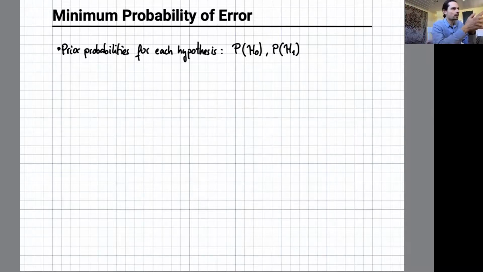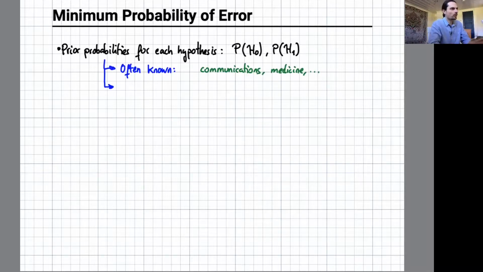However, in many situations, one knows, for instance, the relative frequency of each hypothesis, right? So, for example, in communications, we typically know that the probability of a bit being zero is roughly the same as the probability of it being 1.